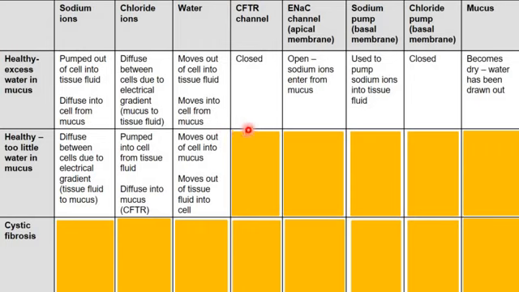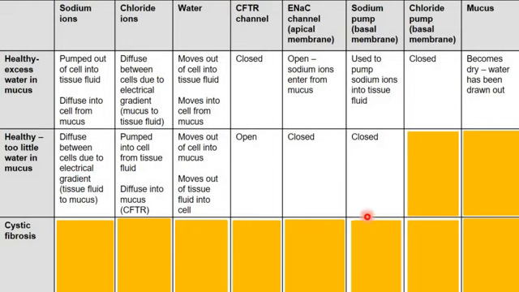So our CFTR channel, we know that's involved in the facilitated diffusion of the chloride ions, so that's going to be wide open. And the ENaC channel is going to be closed because we are not diffusing those sodium ions through facilitated diffusion. They're moving through the gaps between the cells. Our sodium pump similarly is going to be closed because we didn't start our step by pumping the sodium ions out the bottom.